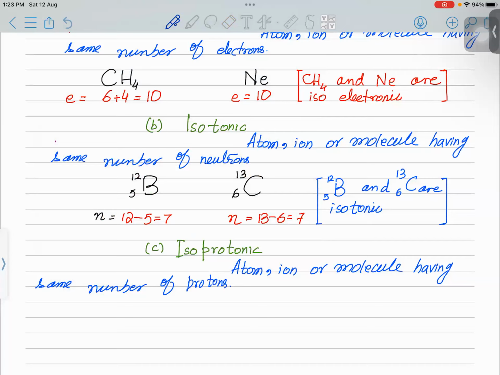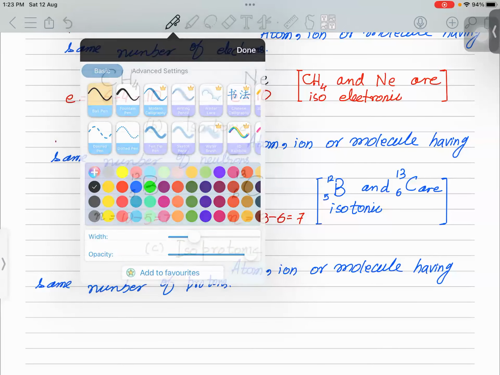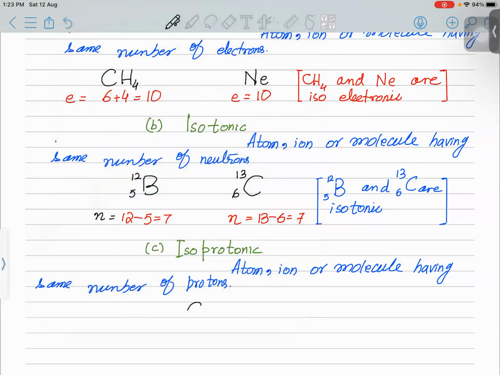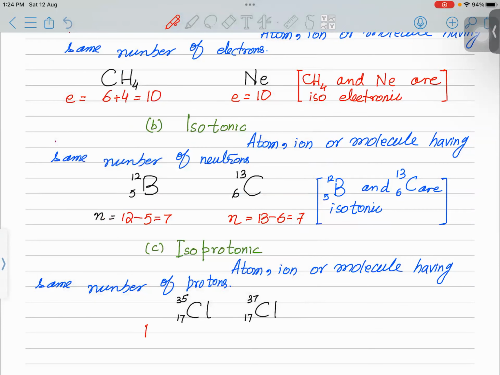For example, chlorine 35, 17 and chlorine 37, 17. Here we have 17 protons. Isoprotonic is only possible with isotopes, right? Yes, exactly. Isotopes are isoprotonic.